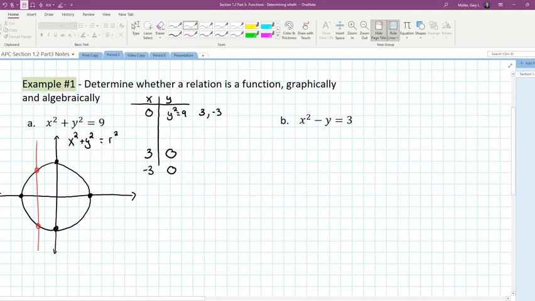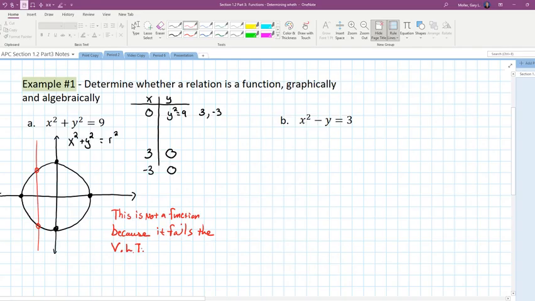And so I would answer this question, determine whether it's a function graphically, I would say this is not a function because it fails the VLT, the vertical line test.